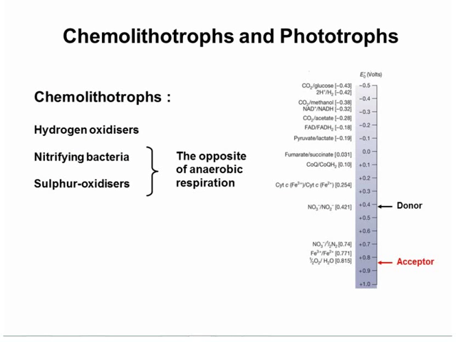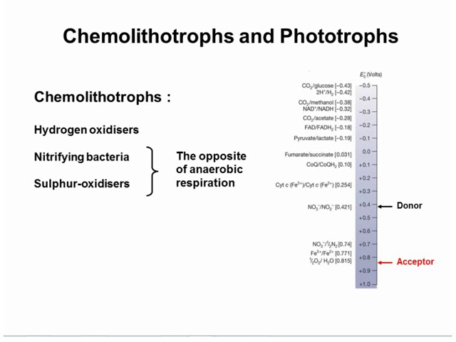Chemolithotrophs, they're doing the opposite. They're using an inorganic electron donor. They use that to generate metabolic energy, and they use that energy to fix carbon dioxide and reduce it to produce sugars, fatty acids, lipids, everything they need.